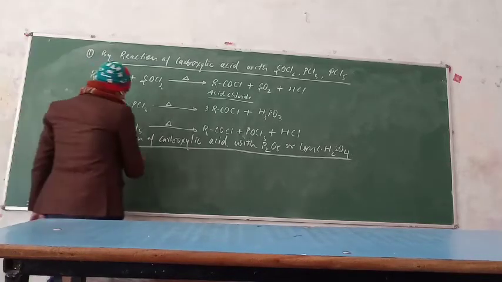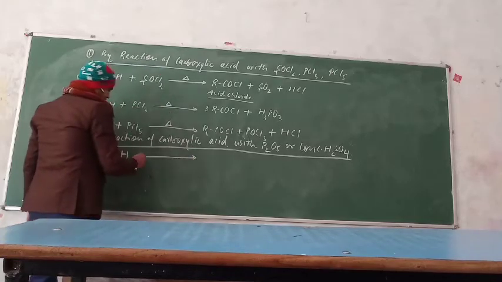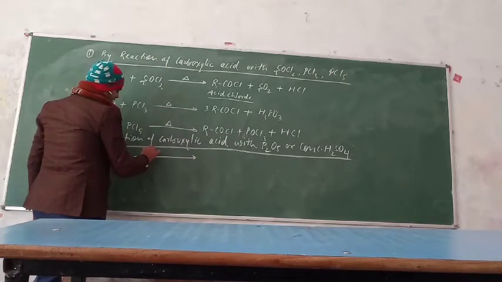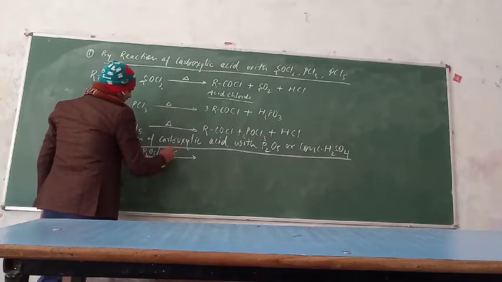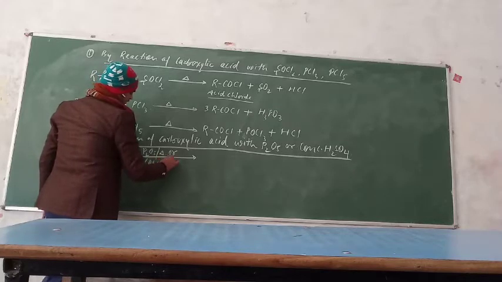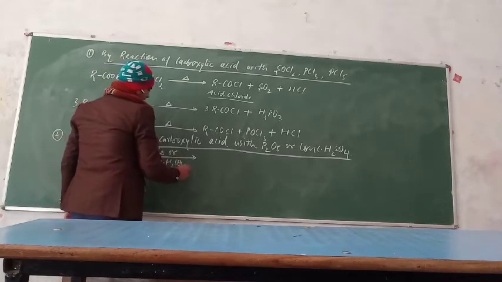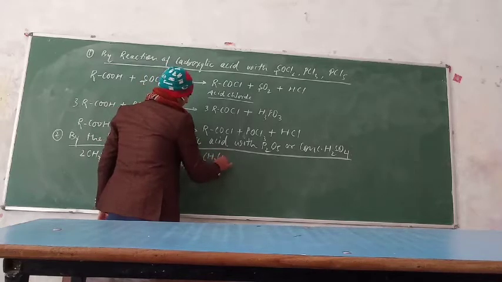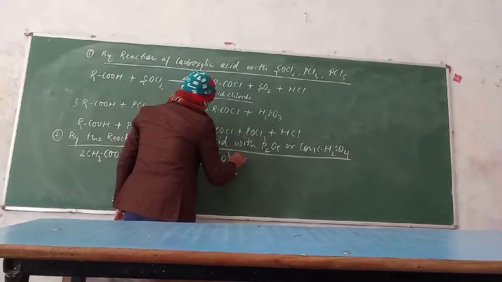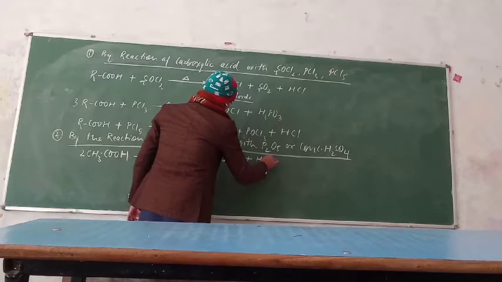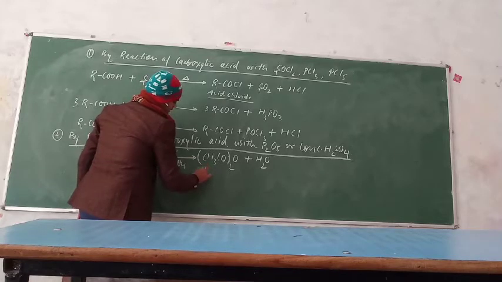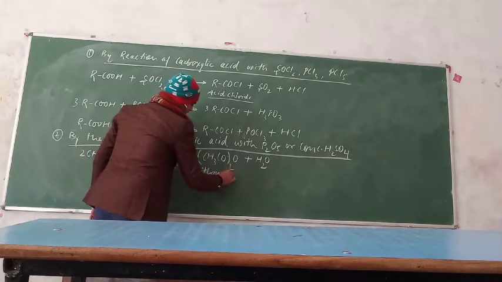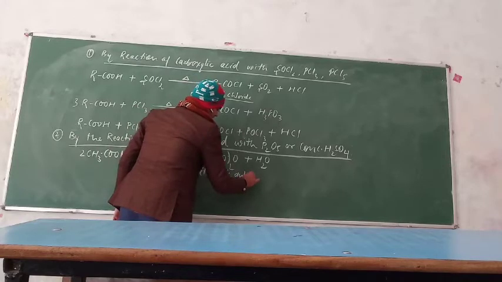For example, when two molecules of ethanoic acid are heated in the presence of phosphorus pentoxide or concentrated H2SO4, then ethanoic anhydride is formed as a major product after the removal of a water molecule.